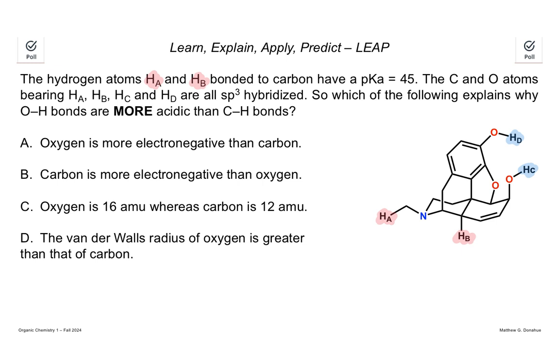And sort of the simplest explanation is that, as we move across the periodic table, electronegativity increases. So putting the negative charge on oxygen is more stabilized due to electronegativity. So we would say A is the best response for that. So again, in general, anything that can stabilize the negative charge ultimately increases the acidity.